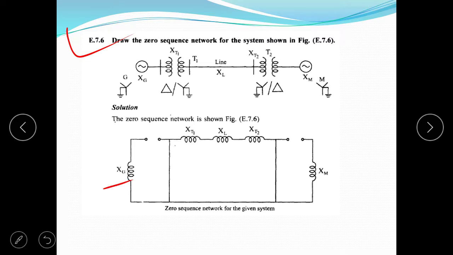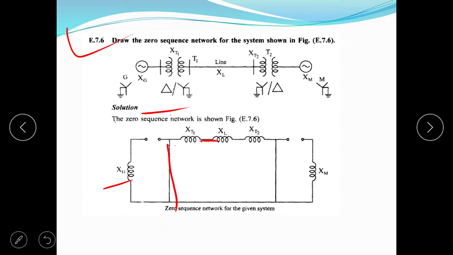Next, for transformer T1, the connection is delta and star grounded. We know that at the delta side only the shunt switch is operated, so we operate only the shunt switch. The series switch is kept open, and for the star side, if there is a ground, we short the series switch.